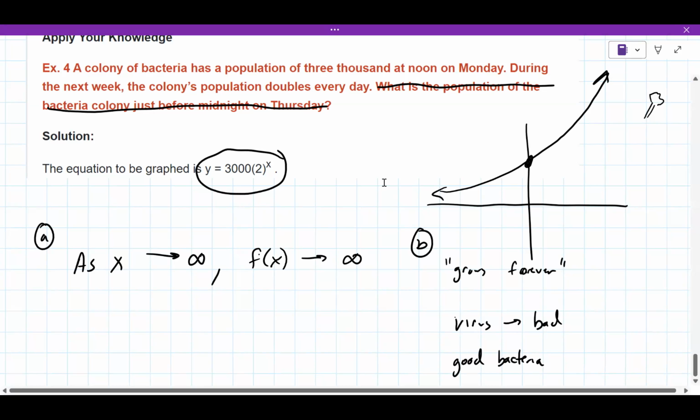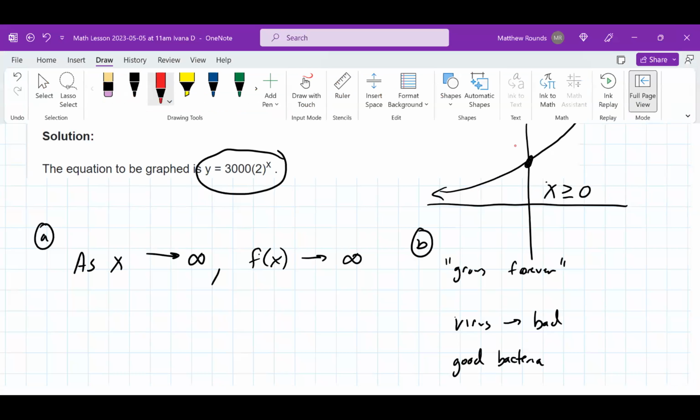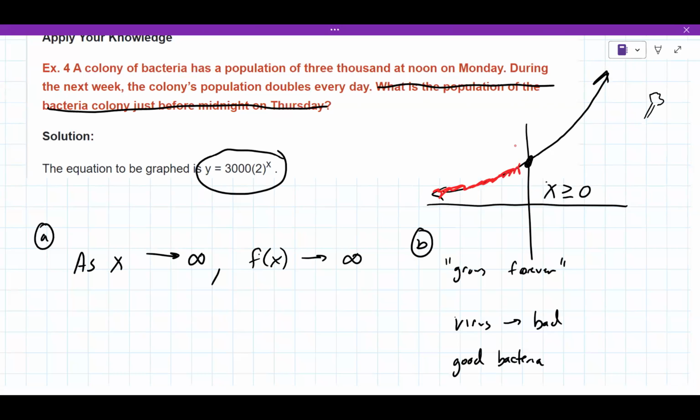And now for number 10, since there's an asymptote. Yes, there is when you look at the graph, but there's not when you look at the physical situation because we only consider x to be greater than or equal to 0. So we actually exclude everything here, because you don't go backwards.